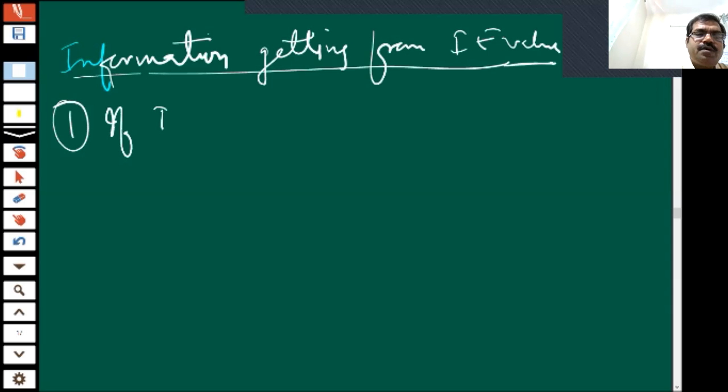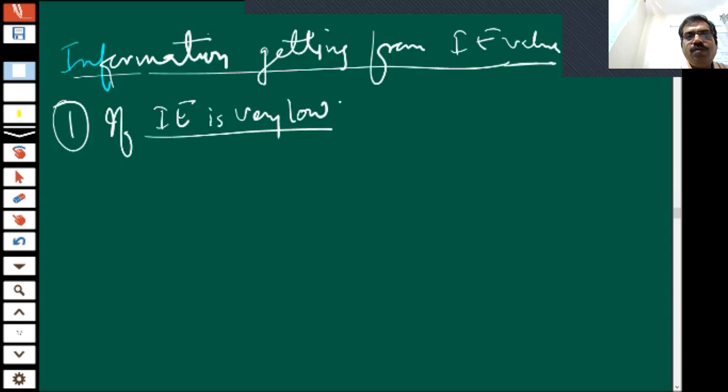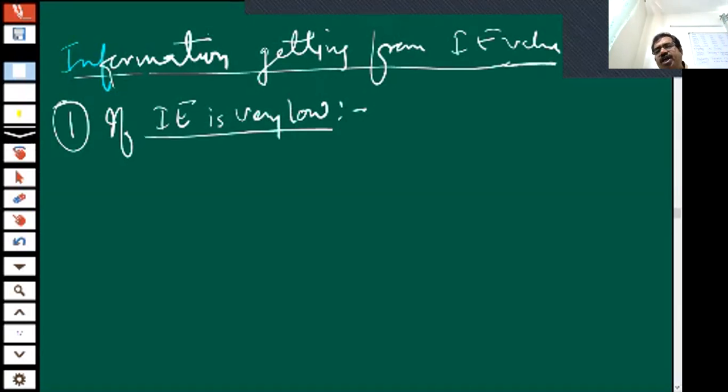If the ionization energy is very low, I will tell you which values are known as low, which as moderate and which as high, everything.